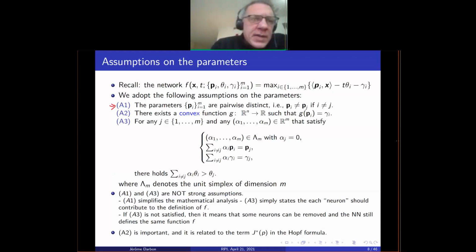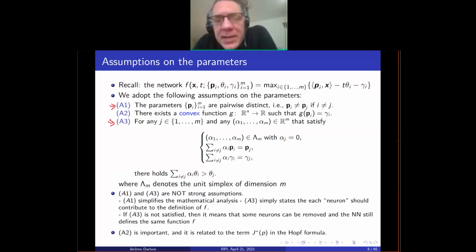Then I also have A3, which is a technical assumption that tells me that each neuron in the intermediate layer does contribute to the solution. Again, this is a mathematical assumption that we make to simplify the analysis. In practice, if you have a neuron that never contributes to the solution, it's fine. It will not change the result.